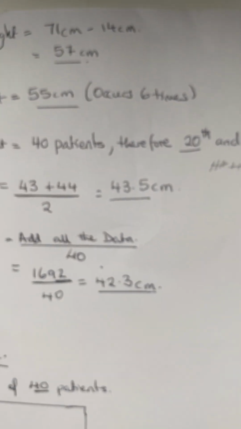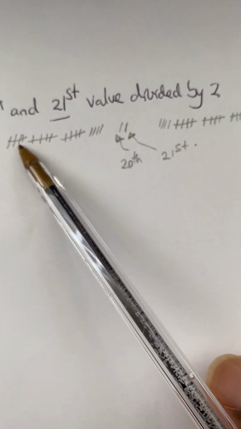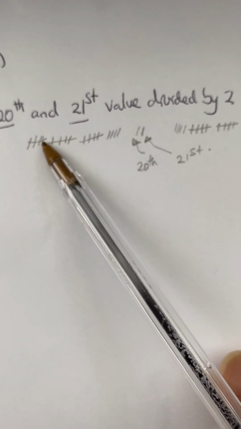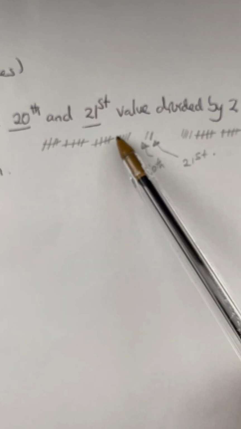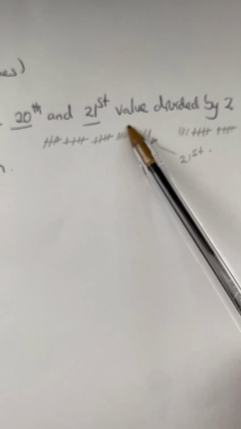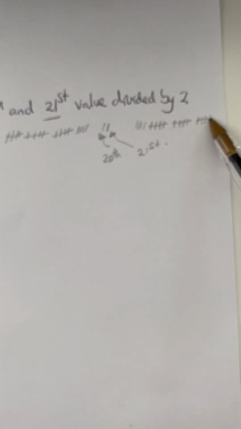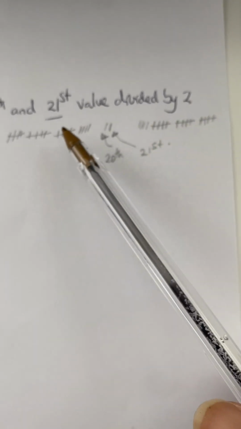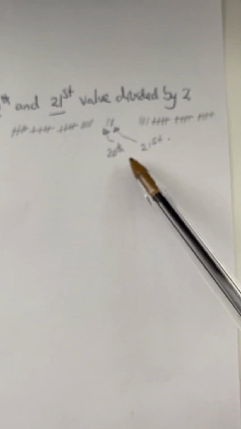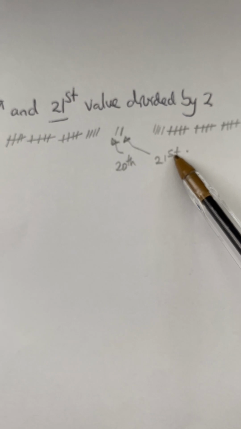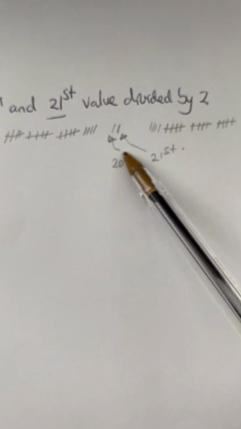Another way of doing it is, if you look at the tally I've made, 1, 2, 3, 4, this is the 19th. The 20th and the 21st are the 2.